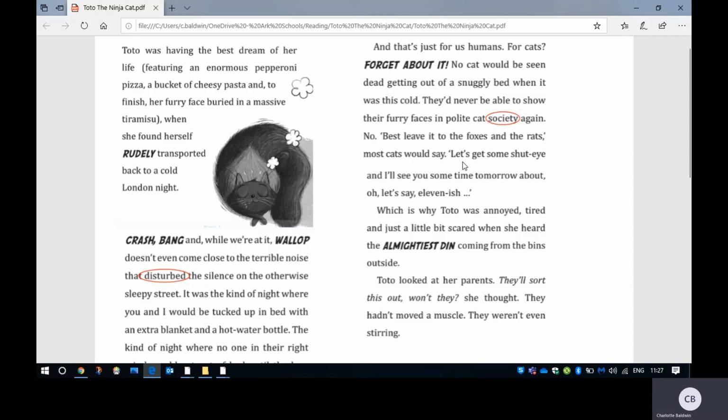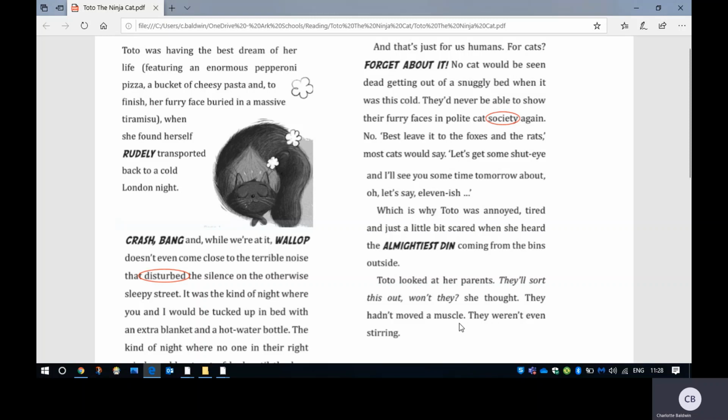Most cats would say, let's get some shut eye, and I'll see you sometime about, let's say 11ish, which is why Toto was tired and just a little bit when she heard the almightiest din coming from the outside. Toto looked at her parents. They'll sort this. Won't sheath.